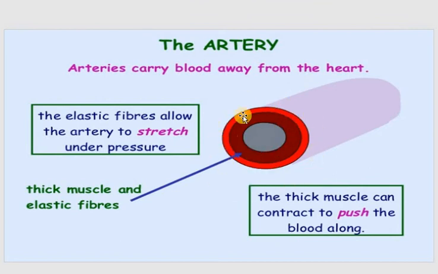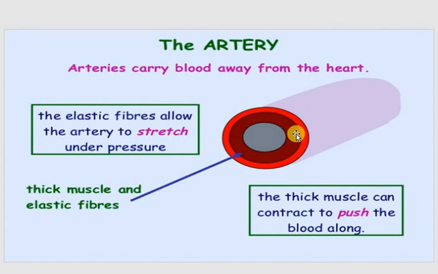Actually, muscles can push and pull, and thick muscle and elastic fiber, as you know, elasticity means it can stretch. So elastic fibers are there. Okay, so this is artery, and artery contains oxygenated blood.